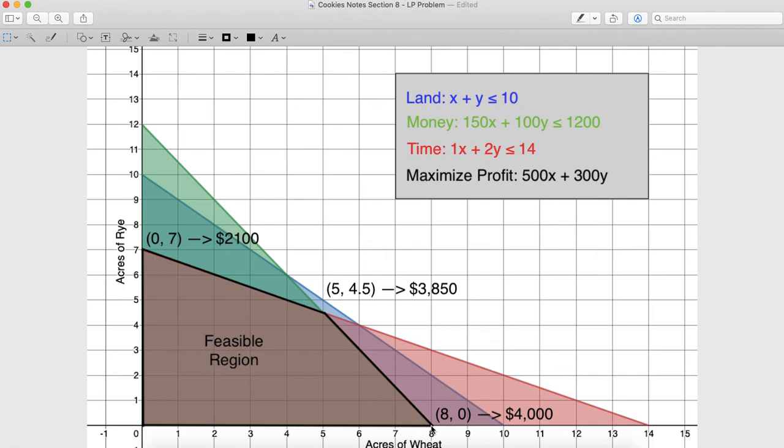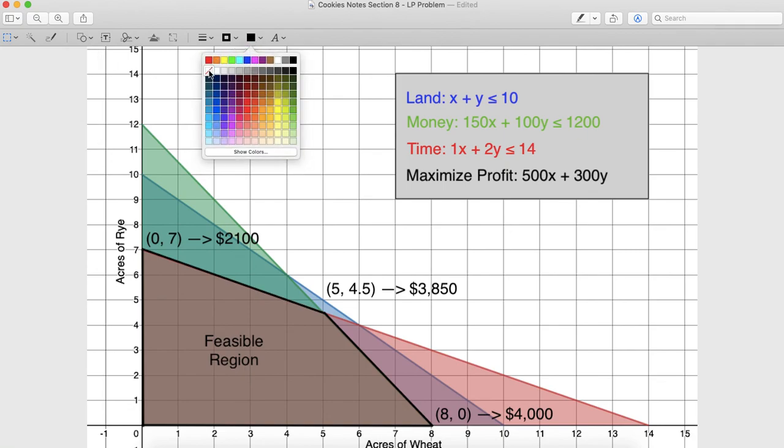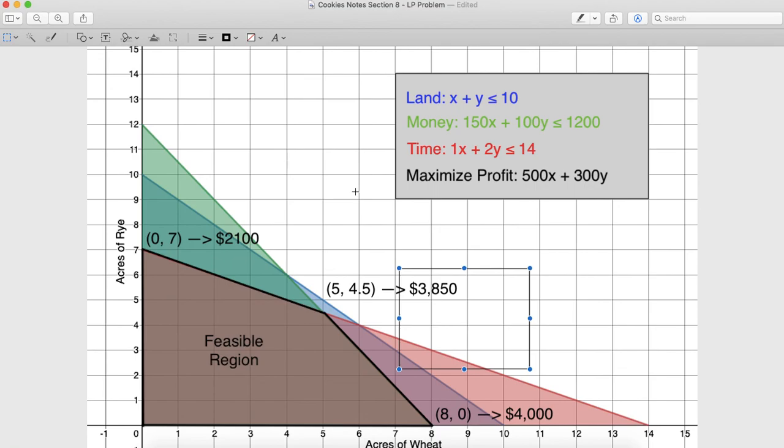So after this big long process where we defined our variables, we wrote our constraints, we made our graph, and we tested our points, after this big long linear programming process, we can officially say that Jim would want to plant 8 acres of wheat and none of the rye.